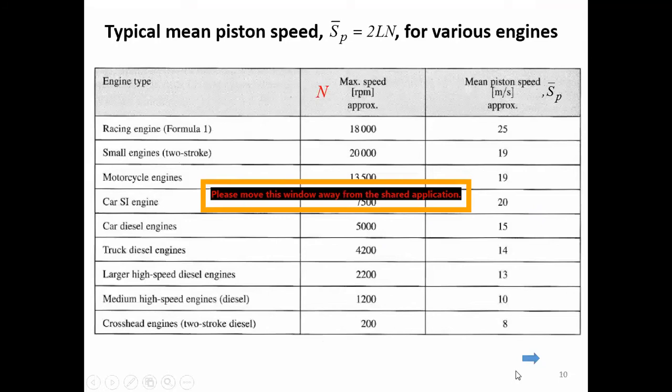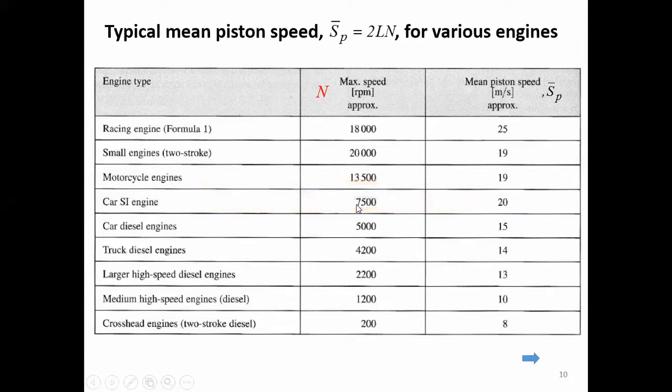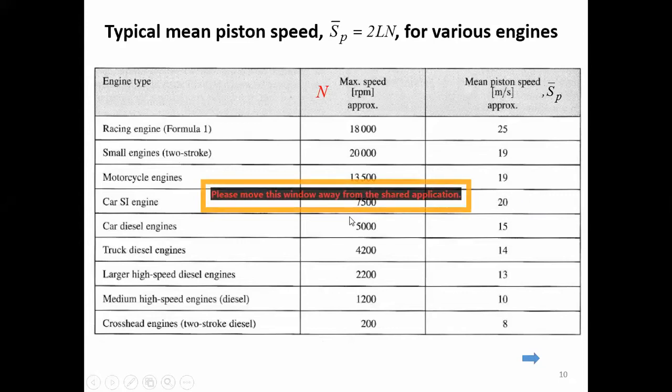This table says we have the car SI engine with the maximum speed about 7,500. This is the maximum speed, and the maximum mean piston speed is about 20.